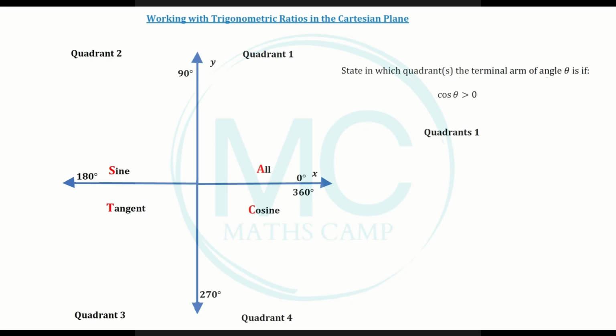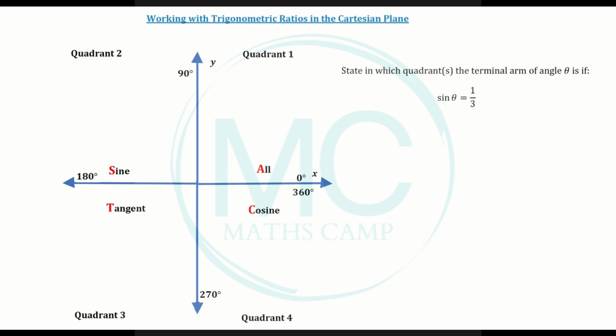And from CAST, we can see that cos is also positive in quadrant 4. In this case, we are looking for the position of the terminal arm if sine theta is equal to 1/3. Now, to solve this question, you do not need to use 1 and 3 to figure out where the terminal arm lies.